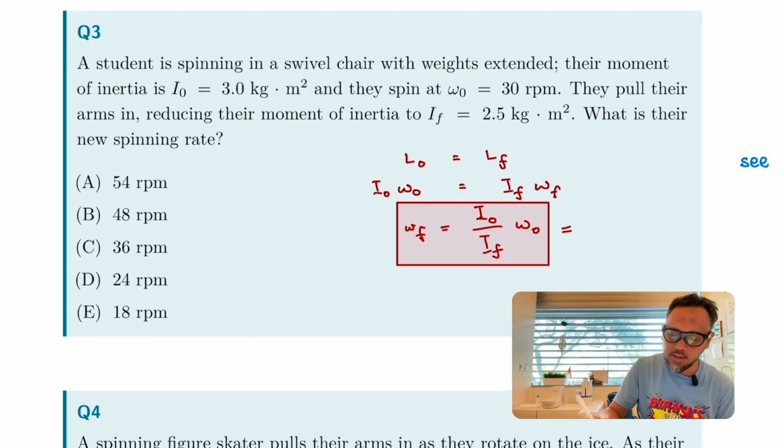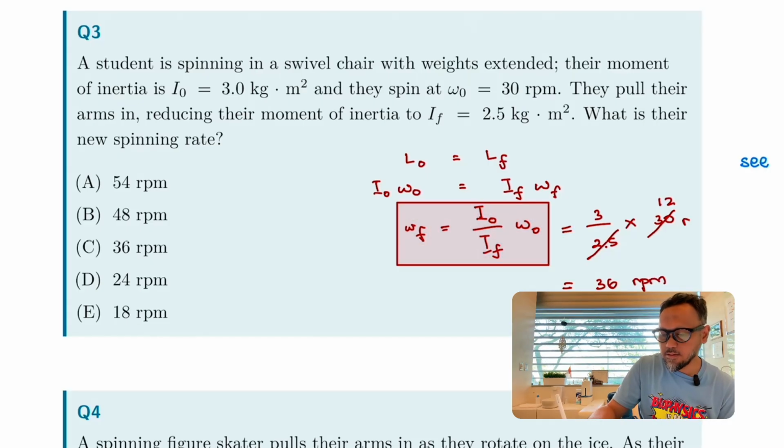So I naught is equal to 3, I final is equal to 2.5, omega naught is equal to 30. 30 divided by 2.5 is 12. So 3 times 12 is 36 RPM. Okay, fairly straightforward.